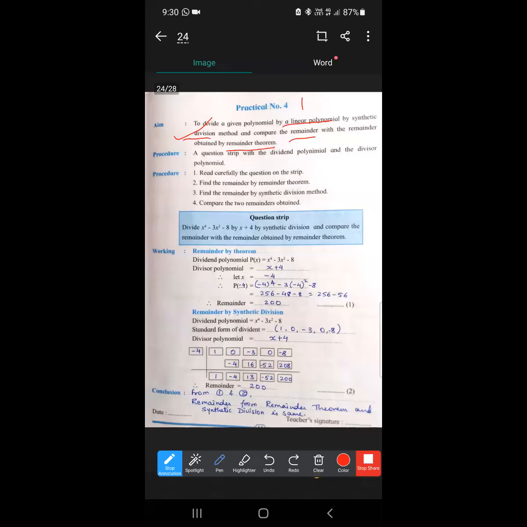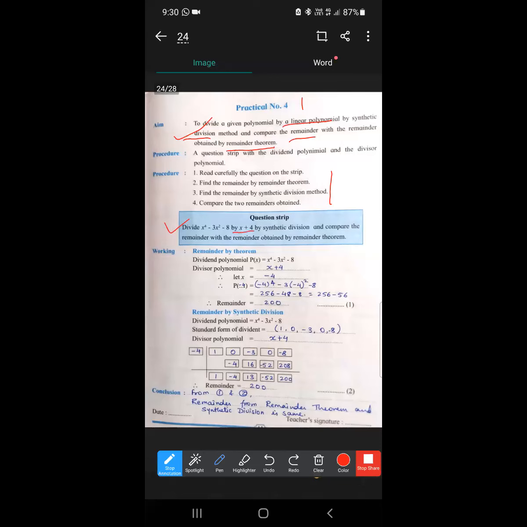Okay, so a question strip with the dividend polynomial and the divisor polynomial is given. You can see here the question strip which is in the blue. Okay, and here procedure is given, steps are given. So what is the question strip? Let us see the question strip. Divide x raised to 4 minus 3x square minus 8 by x plus 4.